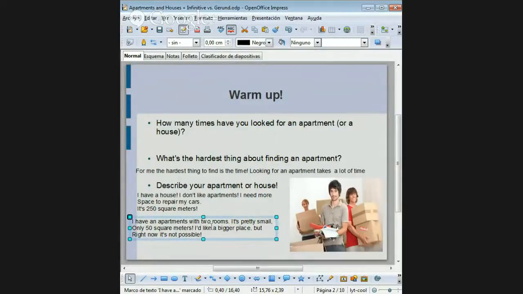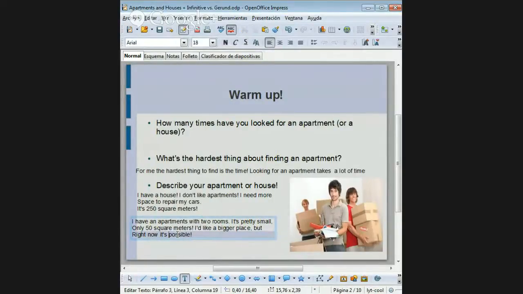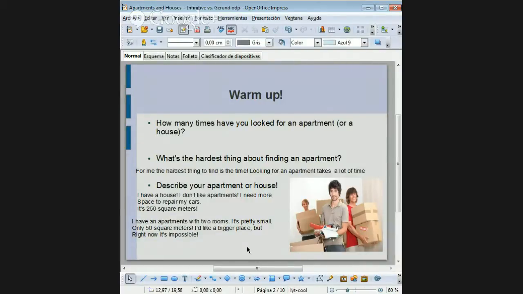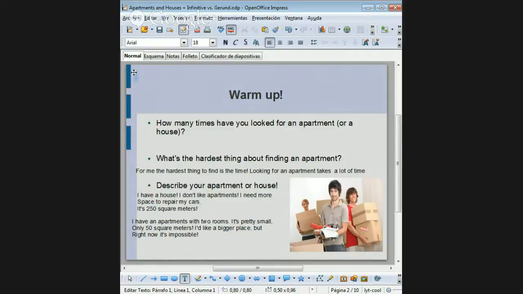Yeah, good. You could also say it's impossible. So just the prefix, but good. Really awesome job. And Boomser, what about you? Can you describe your apartment? Yes, sure. My apartment is a small one too.